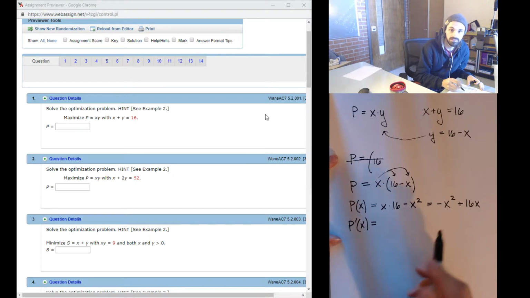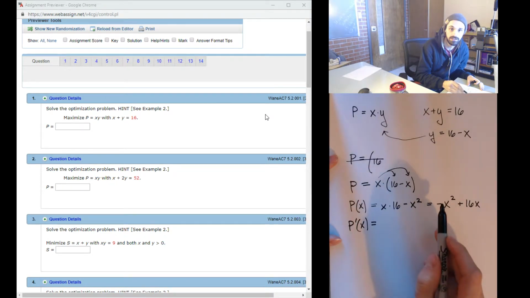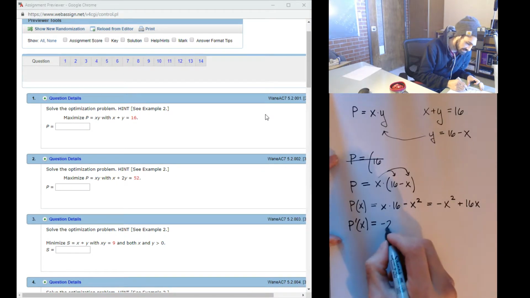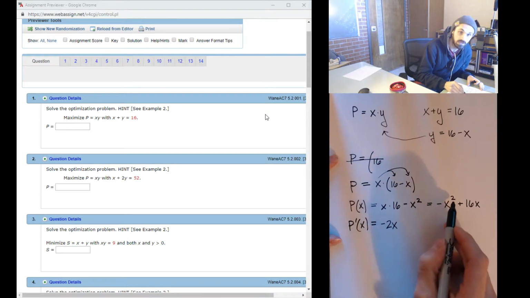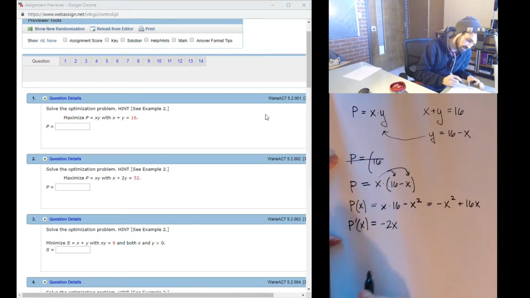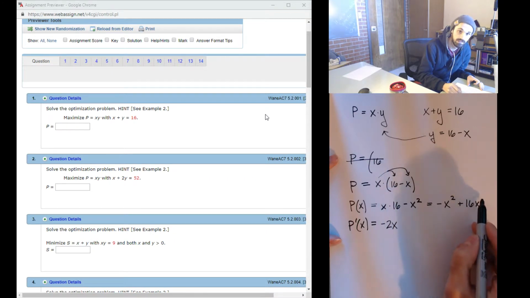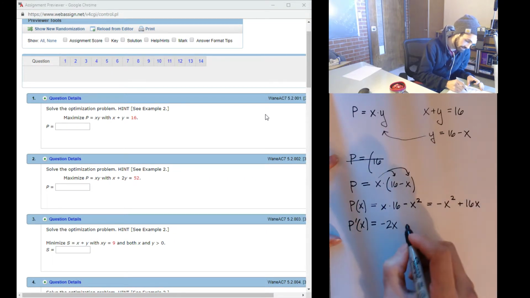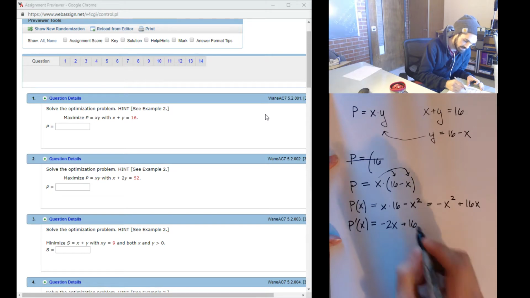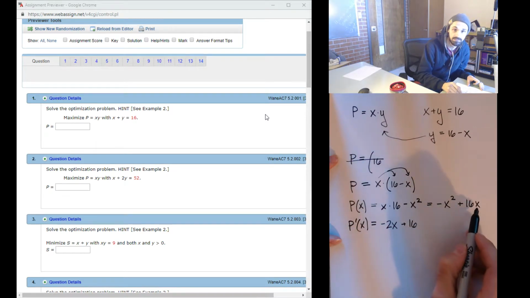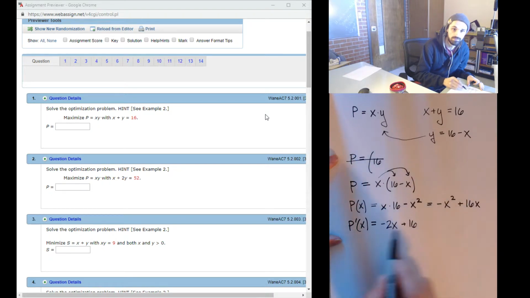Well, P prime of x, we'll take this 2, bring it down in front to get minus 2x, subtract 1 off the exponent to get a 1. Doing the same for the plus 16, there is a 1 in this exponent position, bringing it down front to get the plus 16, and this becomes x to the 0, which is equal to 1.